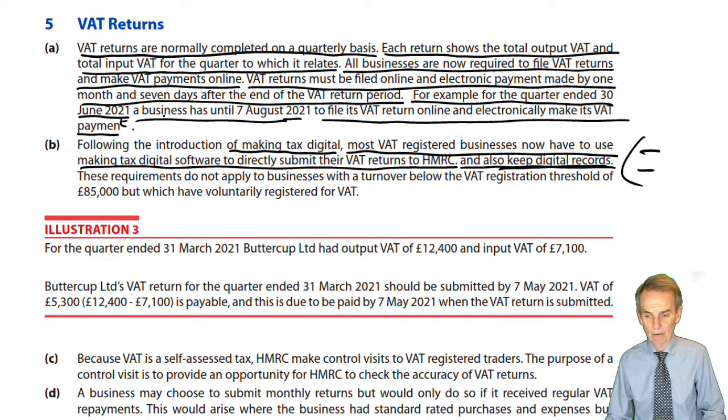So there's the critical date: 1 month and 7 days after the end of the VAT return period. And that will hold true whether we're dealing with the most likely scenario of quarterly VAT returns, or the other most likely scenario, certainly in terms of an exam question, and that is monthly VAT returns.